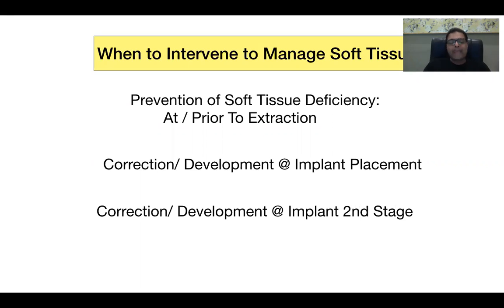And third, at the implant's uncovering or second stage procedures, and sometimes even after restorations. So you can manipulate the soft tissue around the dental implant at various time intervals. You can prevent problems by doing procedures like orthodontic space closure and extrusion even before the tooth is removed. You can do the soft tissue procedure at the time of extraction, at implant placement, at second stage, and even after restoration.